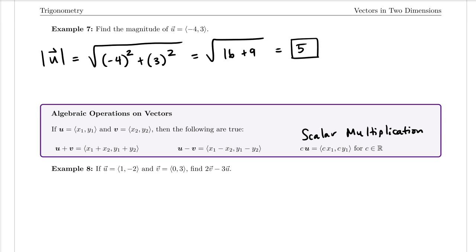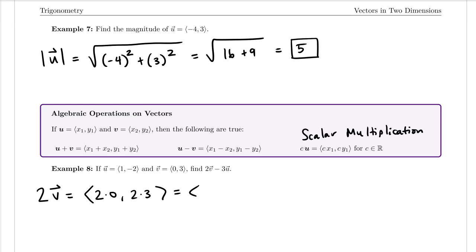So let's go ahead and first compute 2 times vector v. That means that we're going to take our components and multiply them by 2. So 0 times 2 and 3 times 2. Actually, let me rearrange the order. Multiplication is commutative, so it ends up being the same, but I want to follow the formula that we have here, so it'd be 2 times 0, 2 times 3.